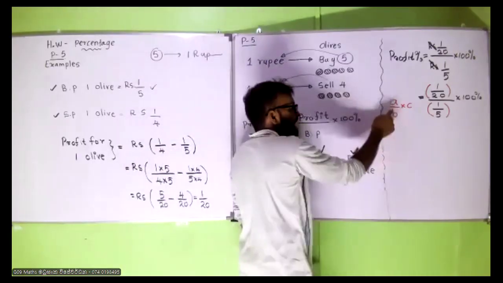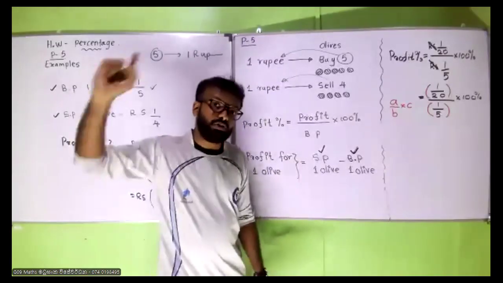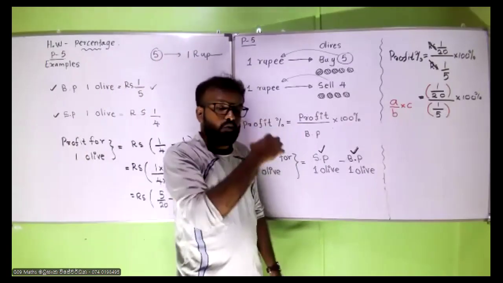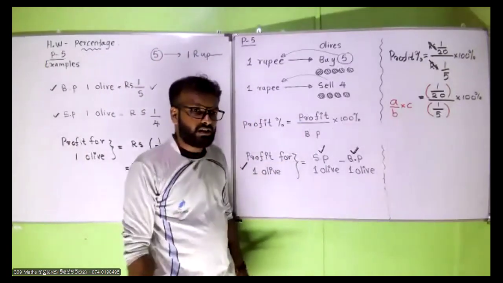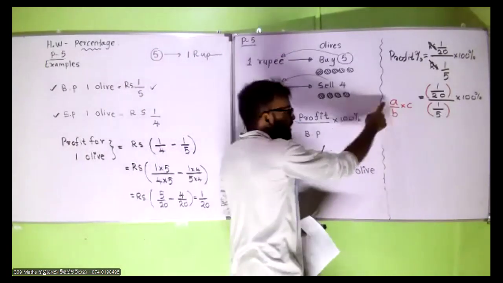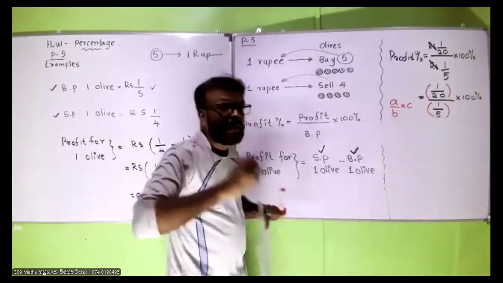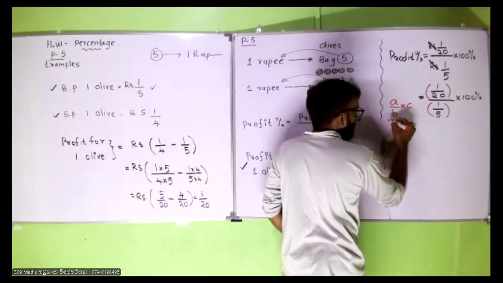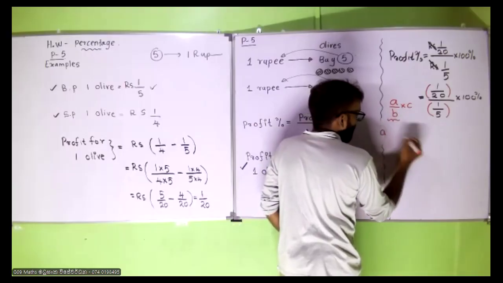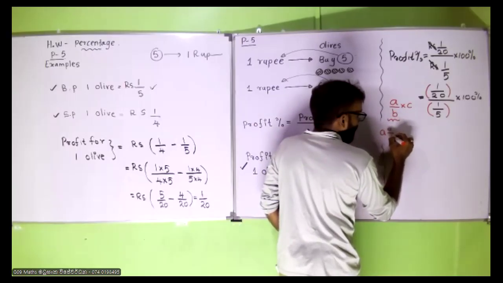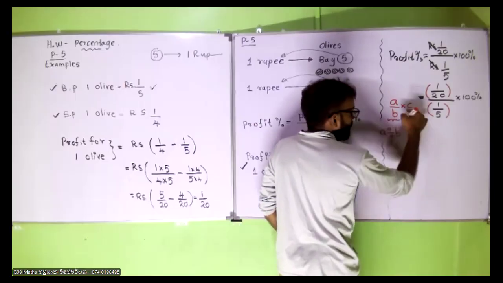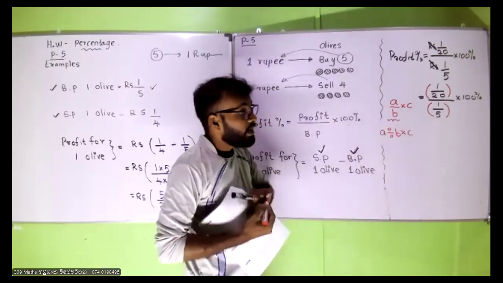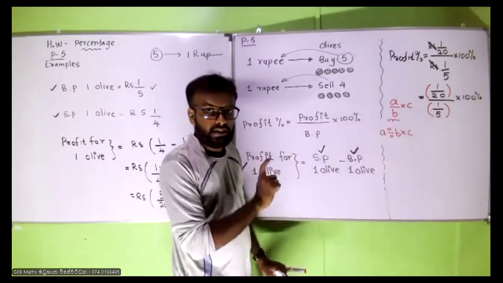Now this is a fraction thing. By using the knowledge of the lesson fractions, division, I can write this A divided by B like this. This A divided by B can be written down as A divided by B multiply by C. Correct?